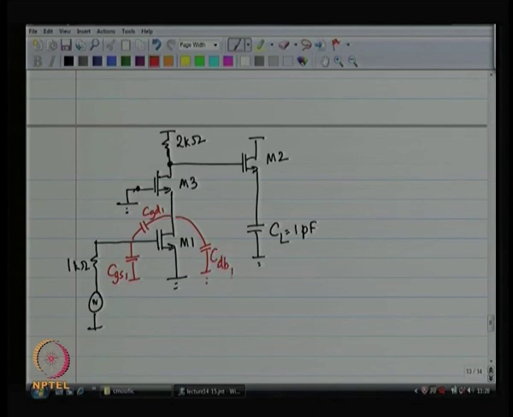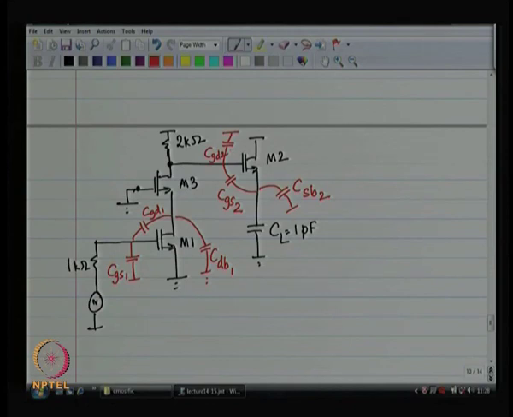is relevant, right. Now, device number 2, we have gate to source of device number 2, we have source to body of device number 2, drain to body of device number 2 is irrelevant because both sides are at ground, gate to drain of device number 2. Okay.